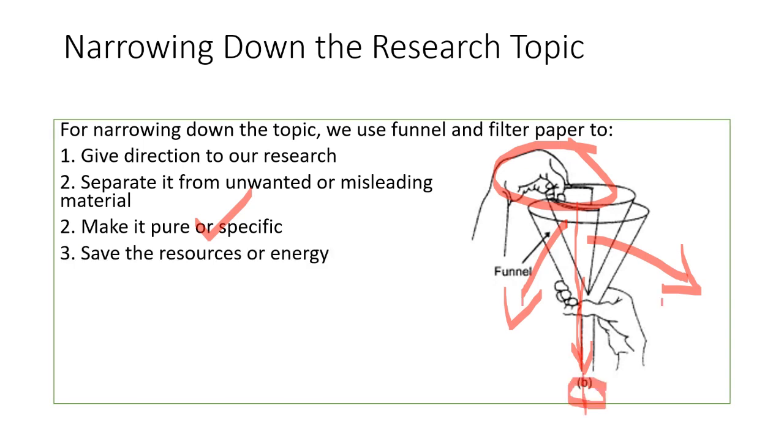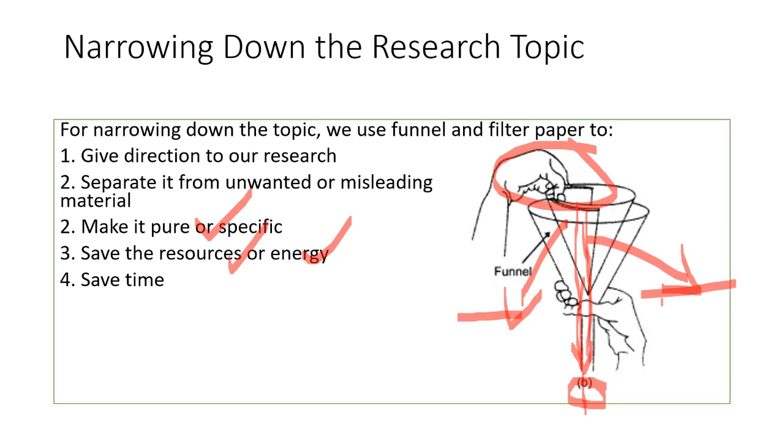Okay, and this process of sifting or filtration saves our resources and energy, because if we have one point, one direction to move, we would not move here or there, and we would move directly towards our main topic. This would save our energy and resources, and hence our time will also be saved.